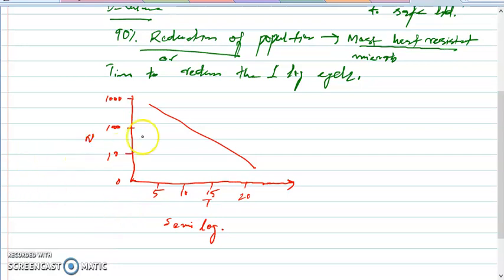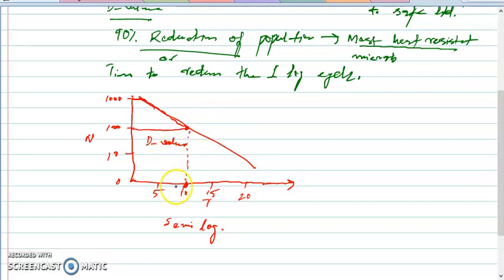So in this graph we get a straight line, and the time required to decrease the population from 1000 to 100, say for example 10 minutes, is the D value.